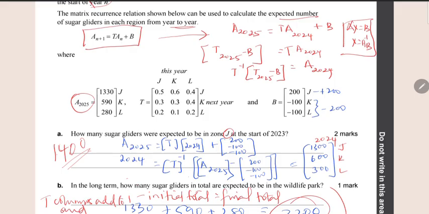In order to find year backwards, in order to find 2023, we have to do this particular calculation. When we do that, we get A 2024, and we put it into the calculator exactly as I have written it, of course with substituted values for T, etc. And you get the values for A 2024.